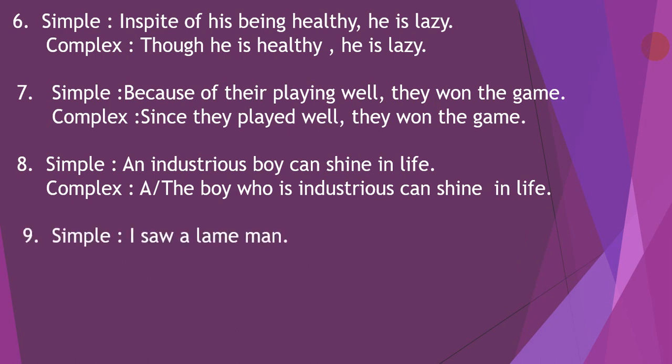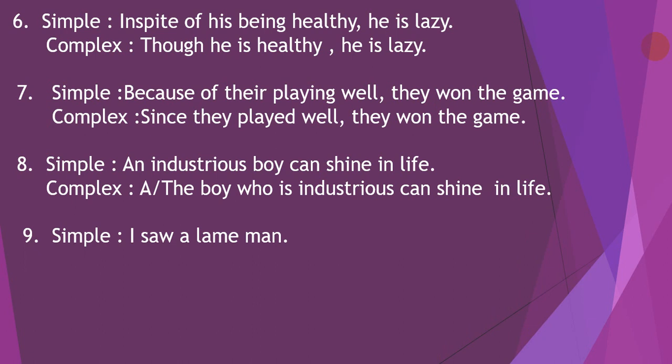Serial number 9. Simple sentence: I saw a lame man. Rule: If the simple sentence is done by adding an adjective before a noun in place of the object, it will be complex by expanding a word or a phrase into an adjective clause or relative clause.